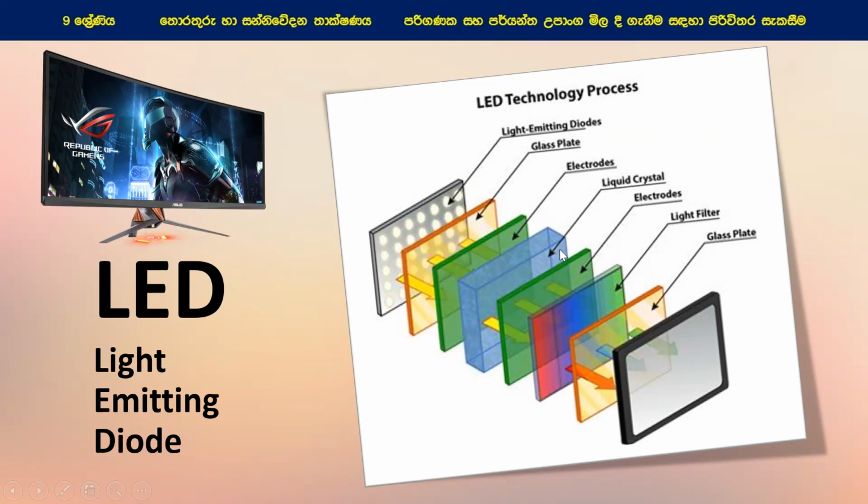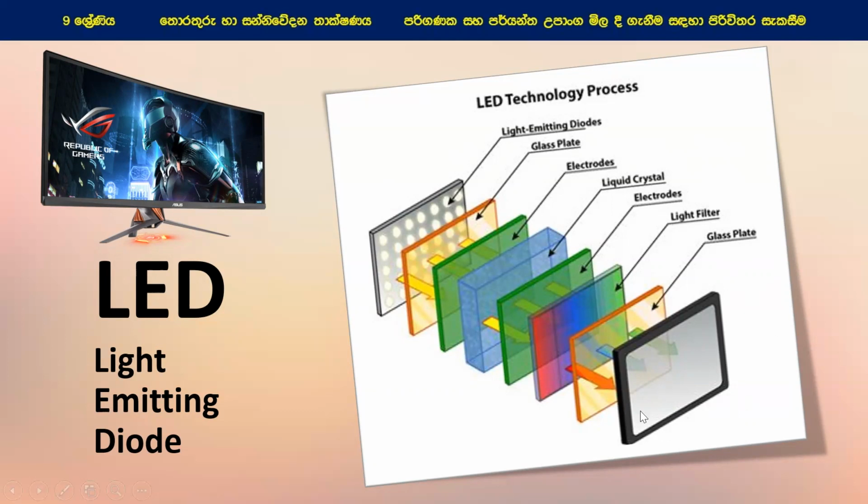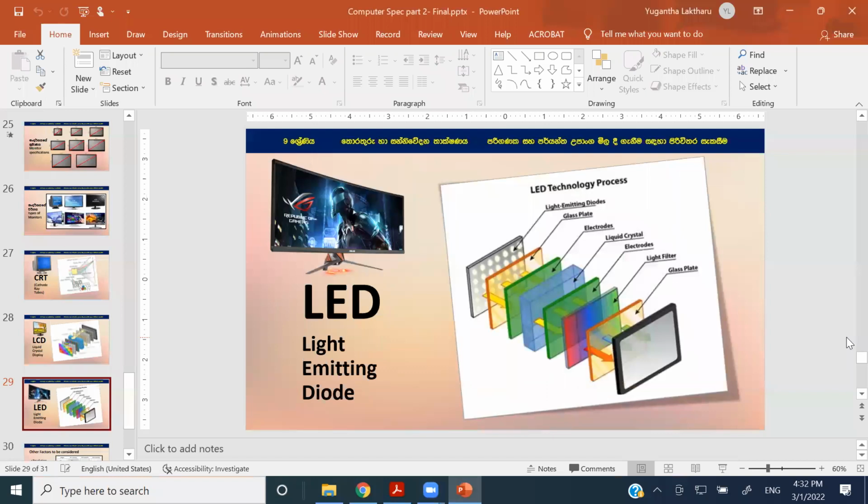Even though they are using the liquid crystal layer, the major technology that they are using is the light emitting diodes, right? So in the very same way as the LCD, it has the glass plate at the front where it shows different kinds of colors to our naked eye. Is this clear, everyone? Right, these are some extra knowledge for you all.